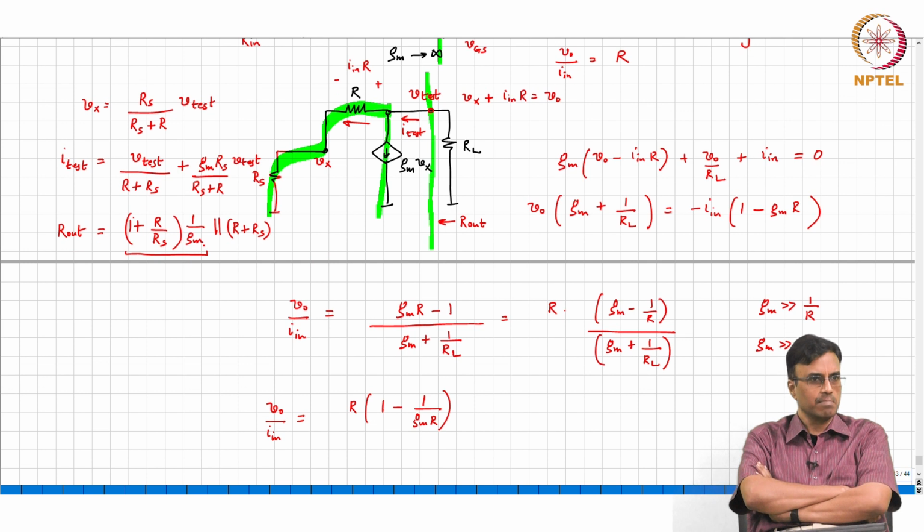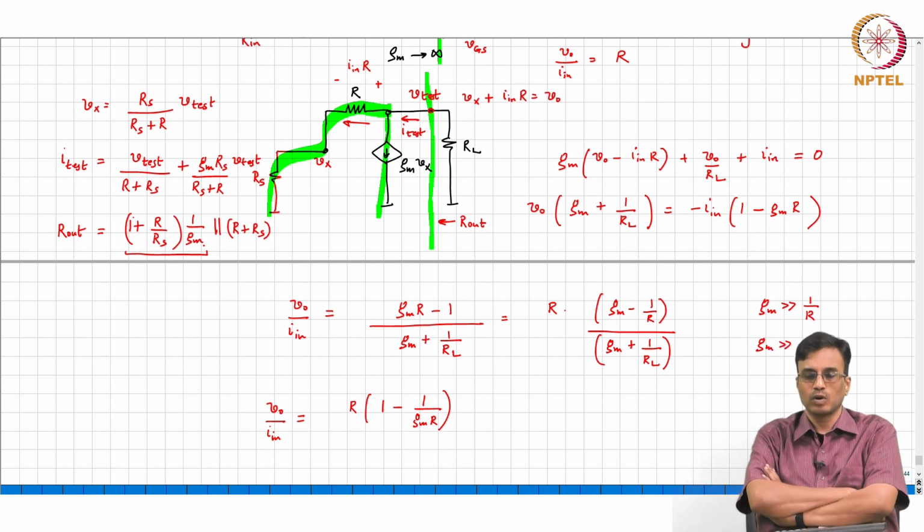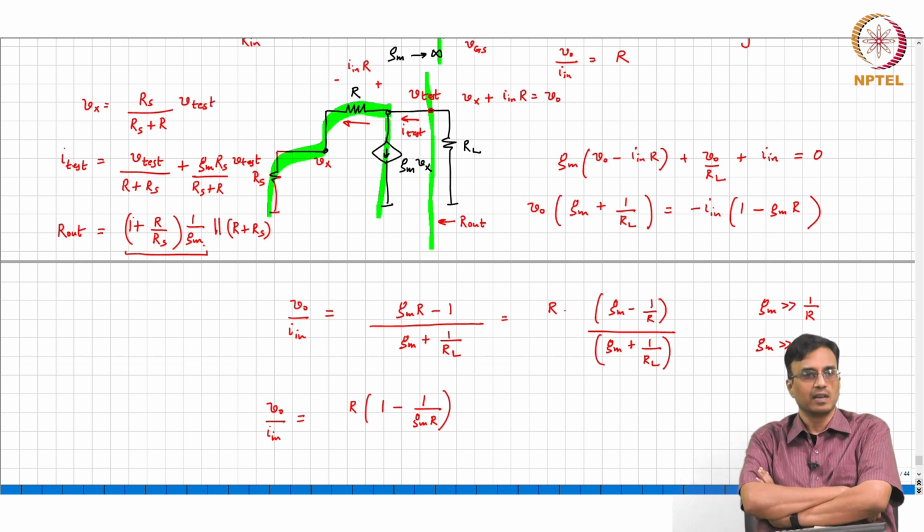It would be 1 by Gm, right. And by the way, if you want a good current controlled voltage source, what comment can we make about Gm and R? Gm must be much larger than 1 by R.